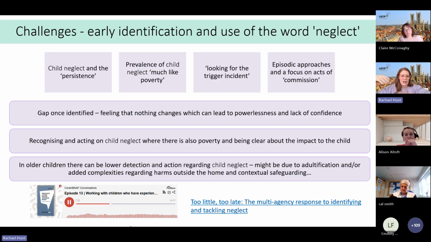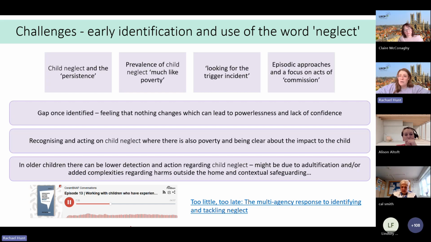So it's about us always challenging that, but also acknowledging that there are added complexities when you're working with older children, and that links to some of that harm outside the home, and thinking about contextual safeguarding, where it doesn't necessarily happen in the home. One of the areas of the scales is around safety and supervision.